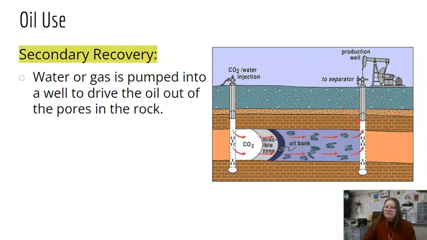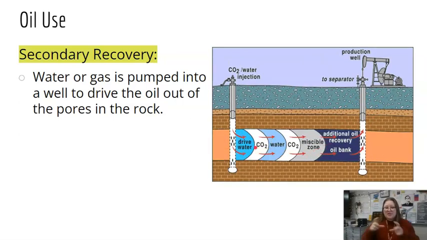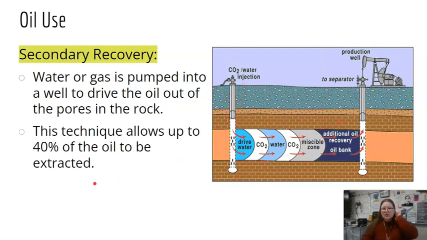And then this space right here that the oil and water go through is not just an open pipe or tunnel; it is rocks with space in between that the oil is filling up. So with secondary recovery, we push water and CO2 down into that space to push more of that oil out. This allows up to 40% of the oil to be extracted, which is a little bit more than we saw in primary.